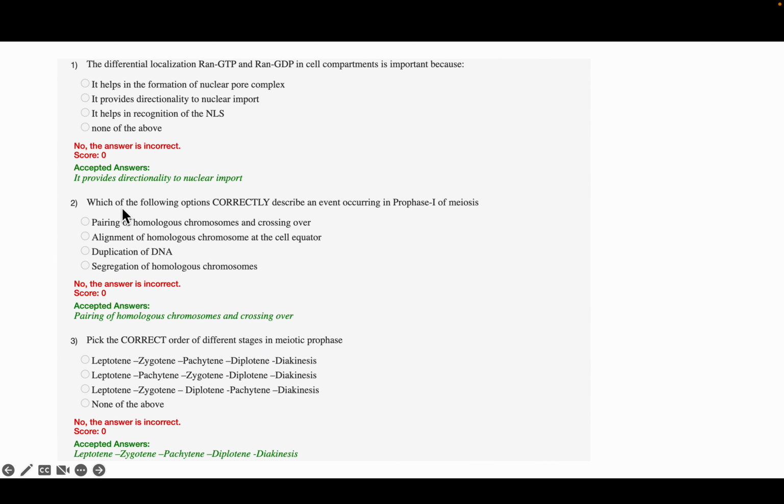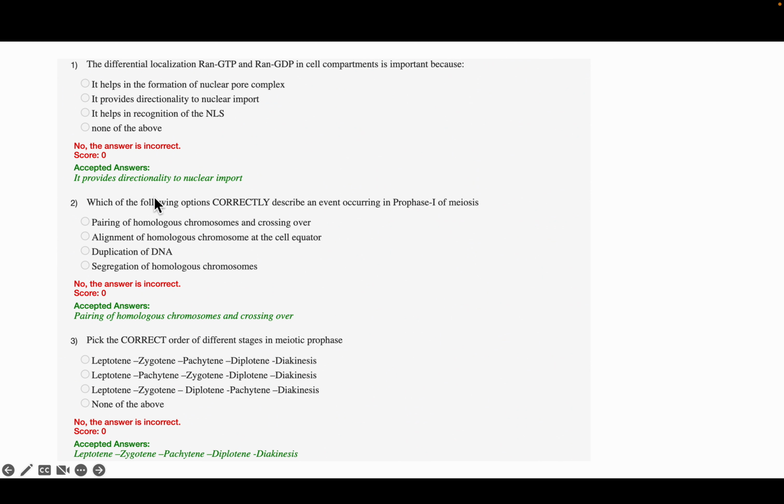We'll cover it. The next question is: which of the following options correctly describes an event occurring in prophase 1 of meiosis? The options are: pairing of homologous chromosomes and crossing over, alignment of homologous chromosomes at the cell equator, duplication of DNA, segregation of homologous chromosomes.